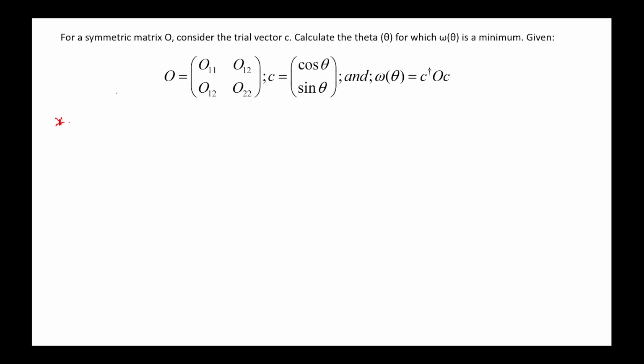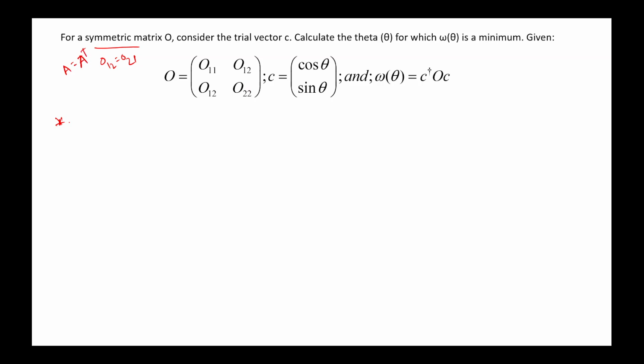It is given that for any symmetric matrix, what do I mean by a symmetric matrix? In the case of a symmetric matrix, your off-diagonal elements, O12 and O21, are actually the same. The definition of a symmetric matrix is that A is equal to A transpose.